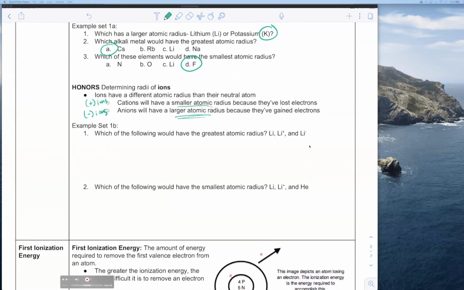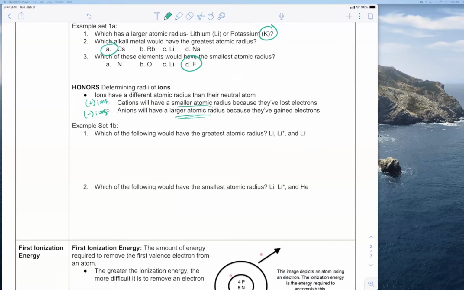And the reason why is because of the electrons repulsing or pushing each other away. So what I mean by that is if you have an anion, that means you've gained electrons.